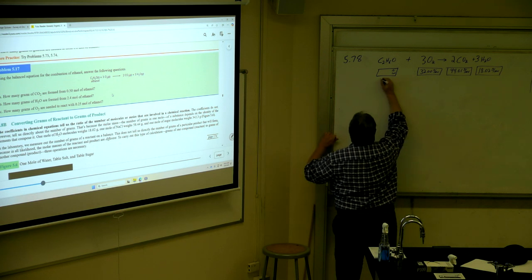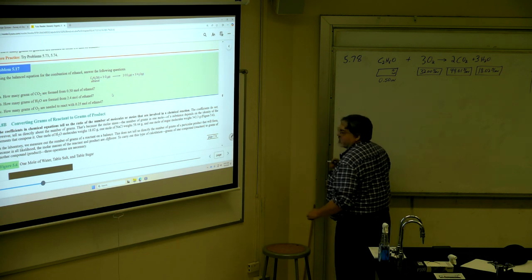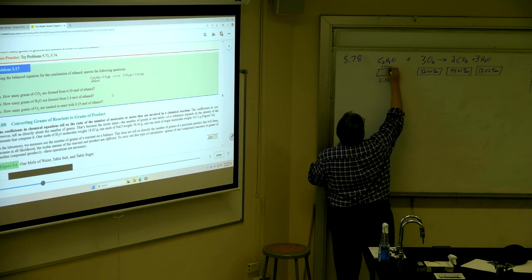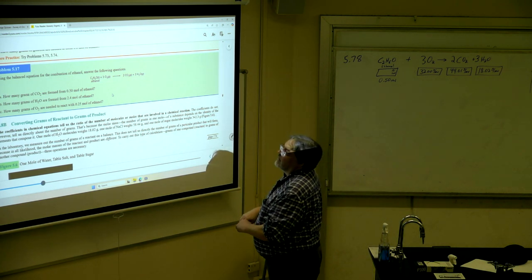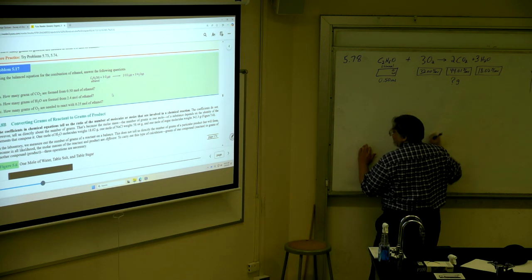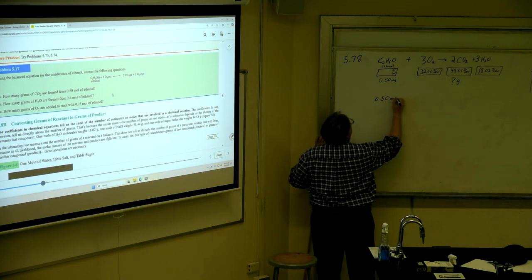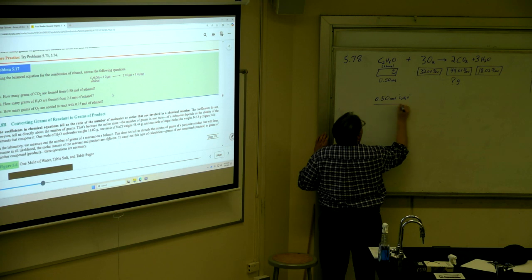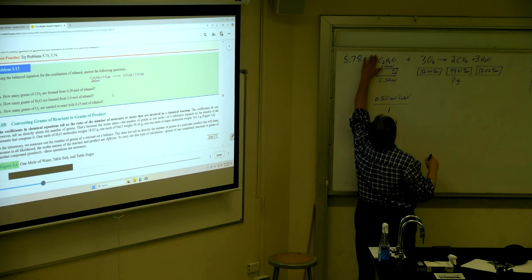0.5 moles of ethanol. This is ethanol. How many grams of CO2? Our molar relationship here, is it a 1? Yeah. So there's a 1 here, it's just not there.